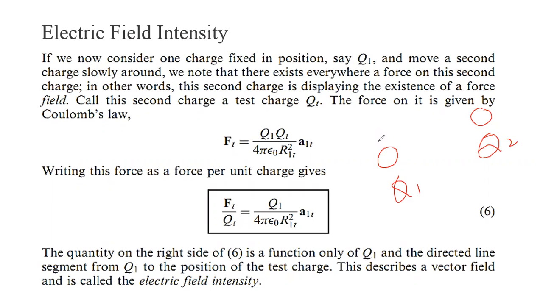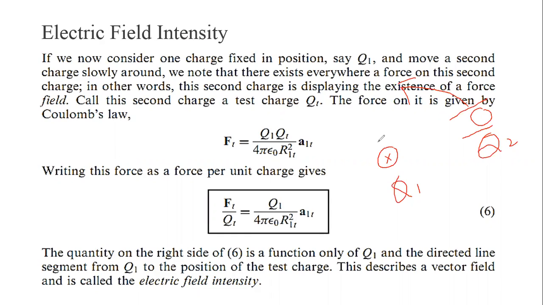Now अगर इसी एक चार्ज Q1 को हम फिक्स कर ले और Q2 को हम मूव कर ले in any direction, this Q2 charge will experience a force. A force will be exerted on this Q2 charge at different points. So this Q2 charge is actually displaying the existence of a force field.